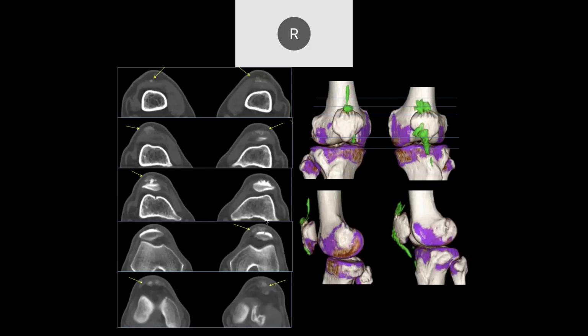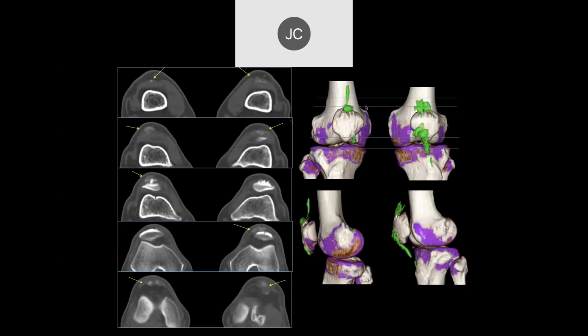Looks like there's some calcifications, kind of anterior compartment, maybe associated with the patella. Yeah, and so it's very common to have gout involve the quadriceps insertion on the patella, less common at the inferior pole of the patella.